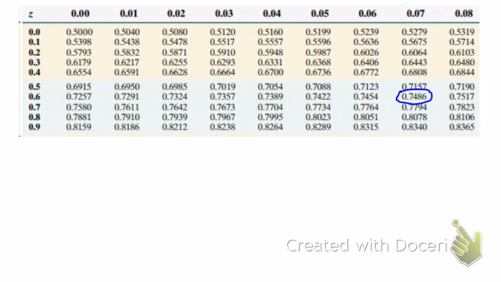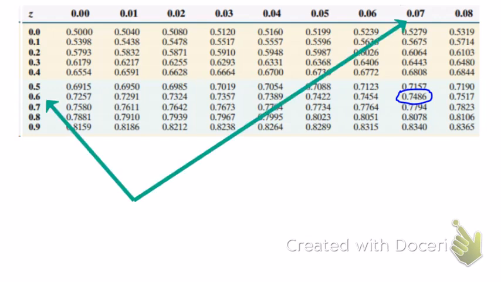I don't know their score. I need to know their score. So we're working backwards. So I'm looking for 0.75 in the table where the areas are. And the closest I'm seeing is at 0.67, I believe. So a z-score of 0.67 would give us an area of 0.7486. That's as close as we're going to get.